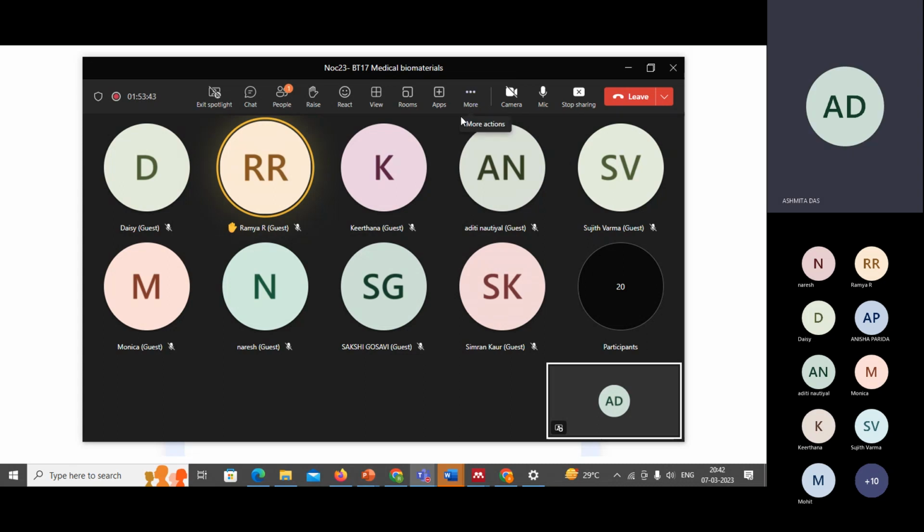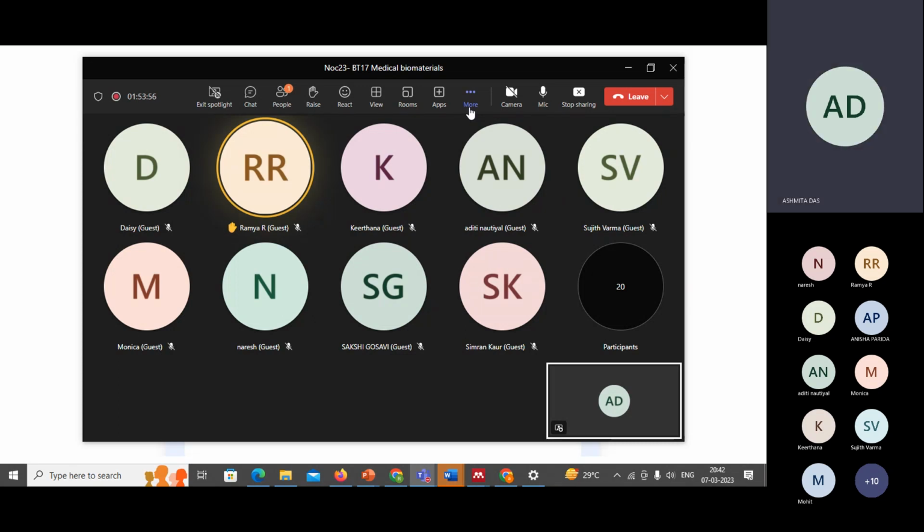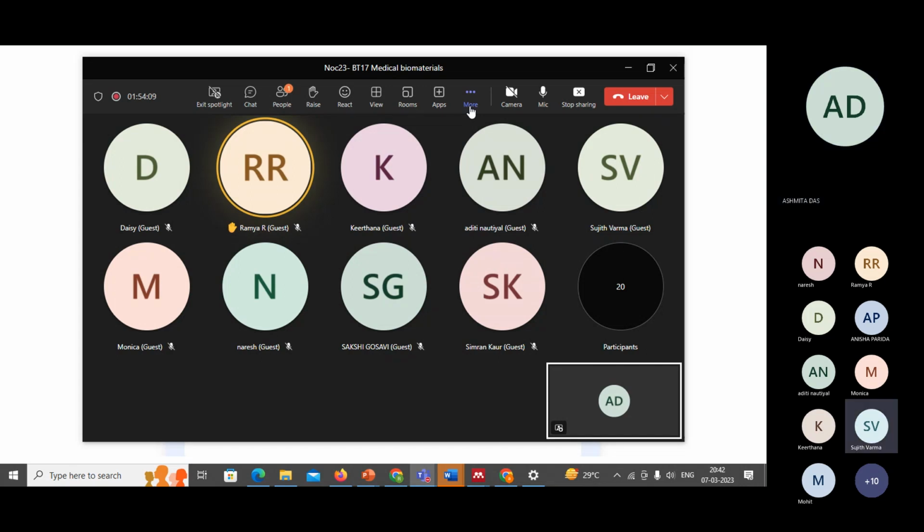Sakshi Goshavi, are you there? Are you all able to understand the question and the answer? How to solve this type of problem? Is it clear to everyone? Yes.